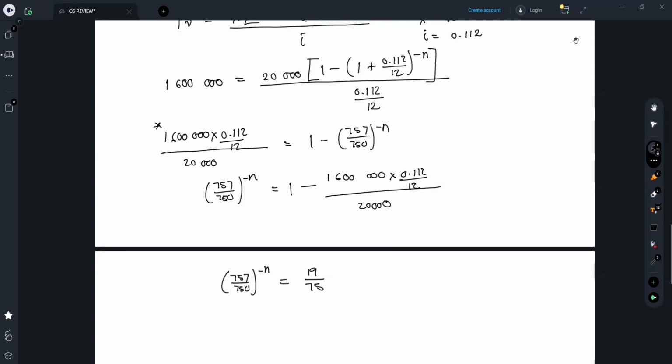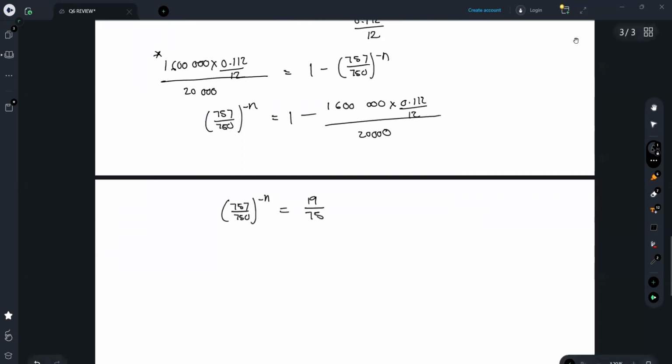So now, anytime we're looking for the value of n in this case, we know we're going to use our trusted logarithm. So negative n is equal to log of the base 757 over 750, and we're taking 19 over 75 as the argument.